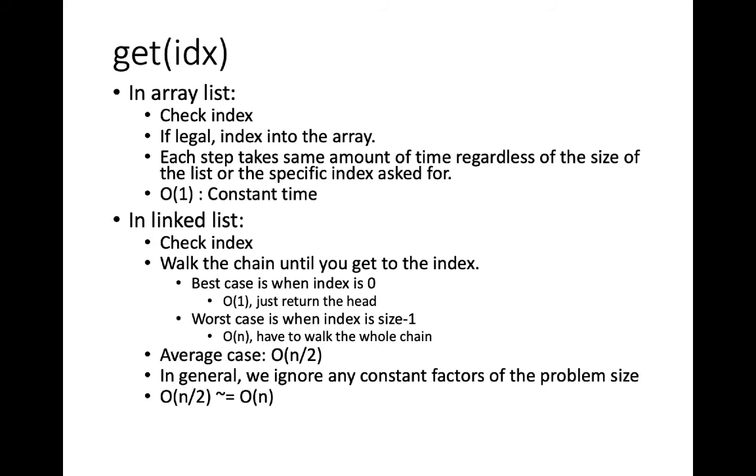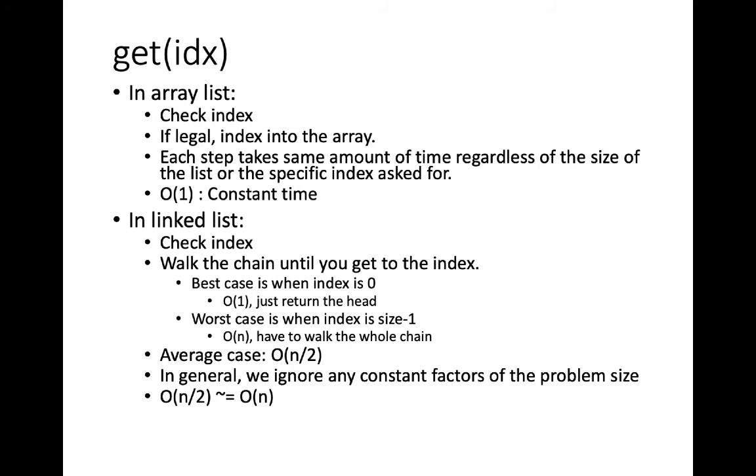The best I can do is say, depending on what the index is, what's the average amount of time, given all possible values for index? So the average amount of time is basically n divided by 2.